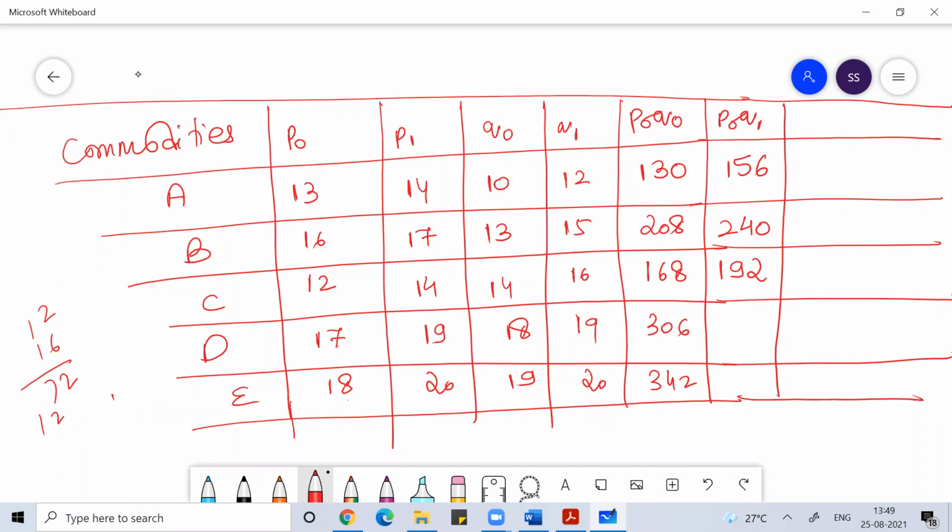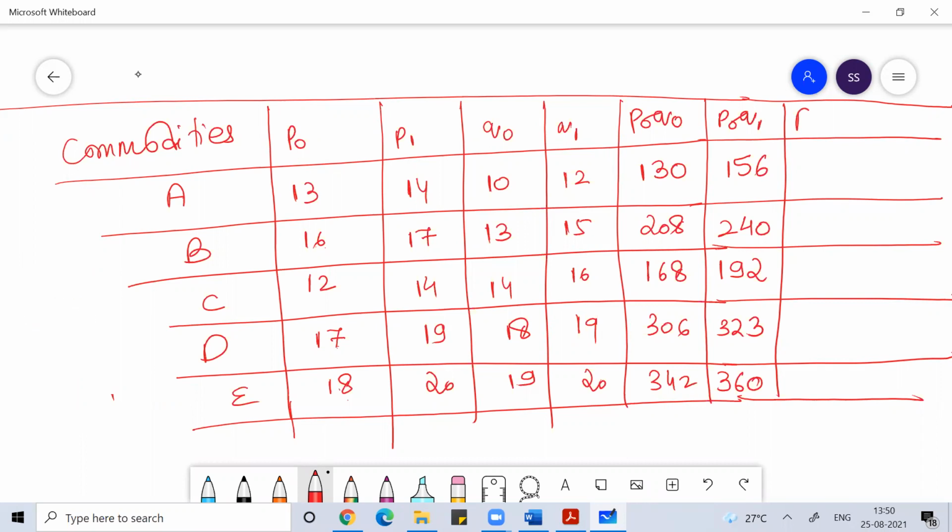Then 17 into 19, 17 into 20 is 340 minus 17, this would be 323. And then 18 into 20, 360. 17 into 19 is correct, right? 323, correct.